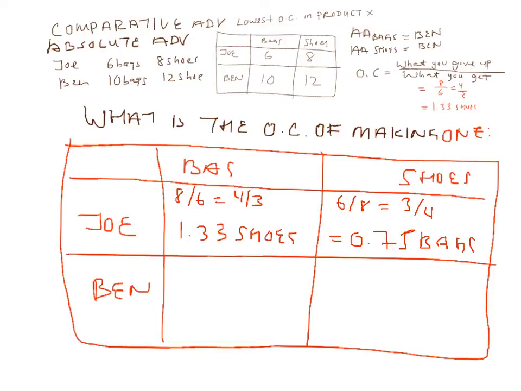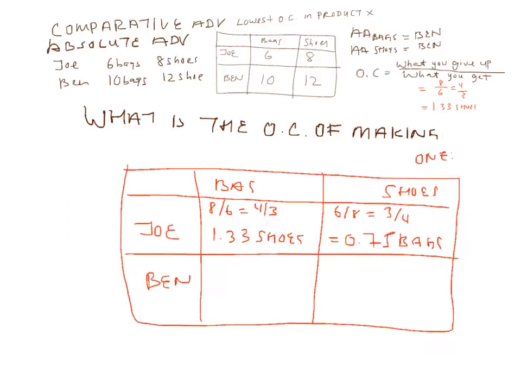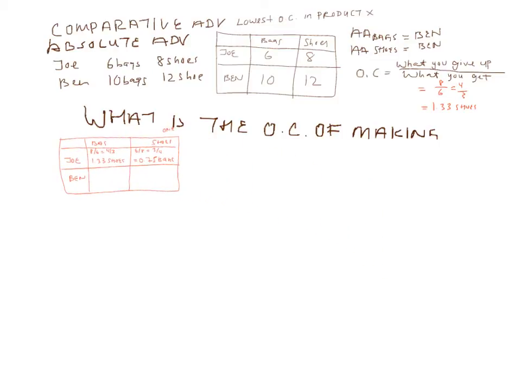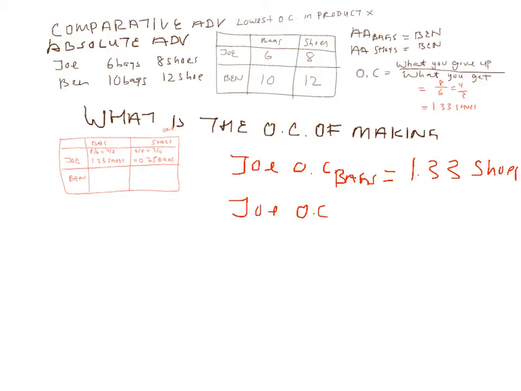You can also, rather than calculate the shoes, simply take the inverse. We know Joe's opportunity cost of making bags is 1.33 shoes, which means that Joe's opportunity cost of making shoes is just 1 over x, where x is 1.33.